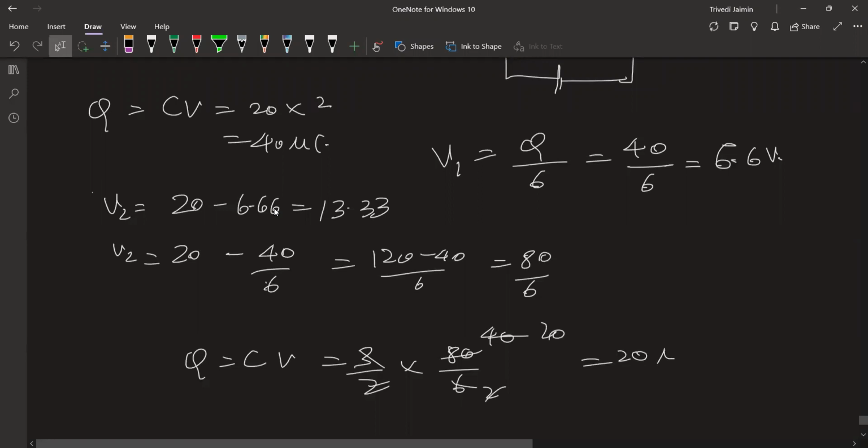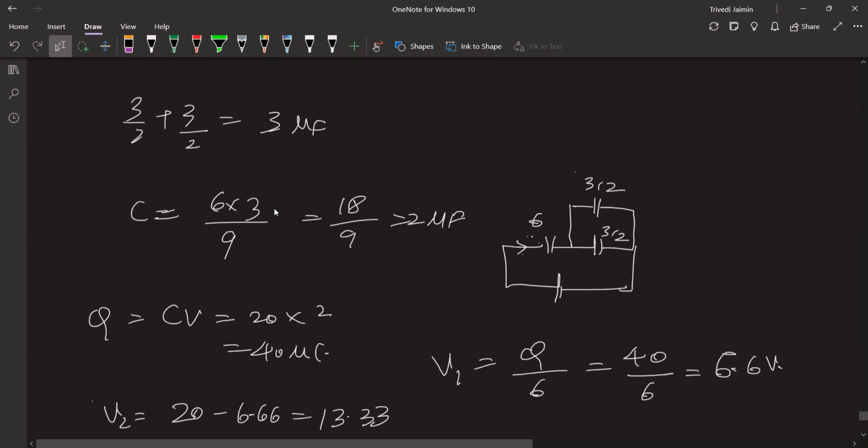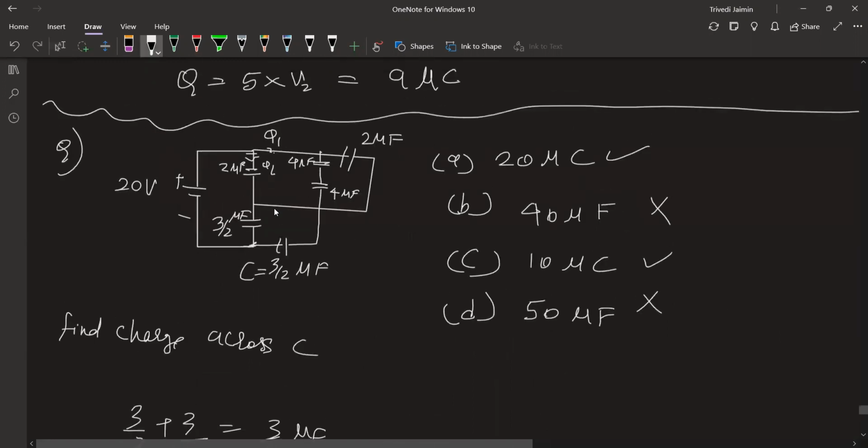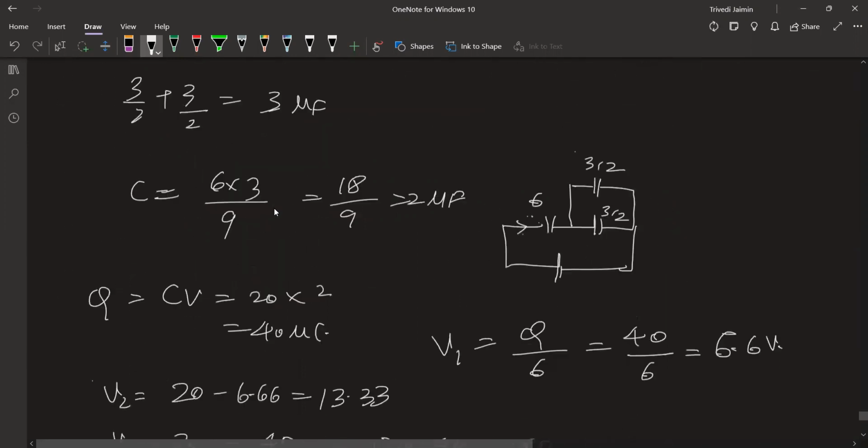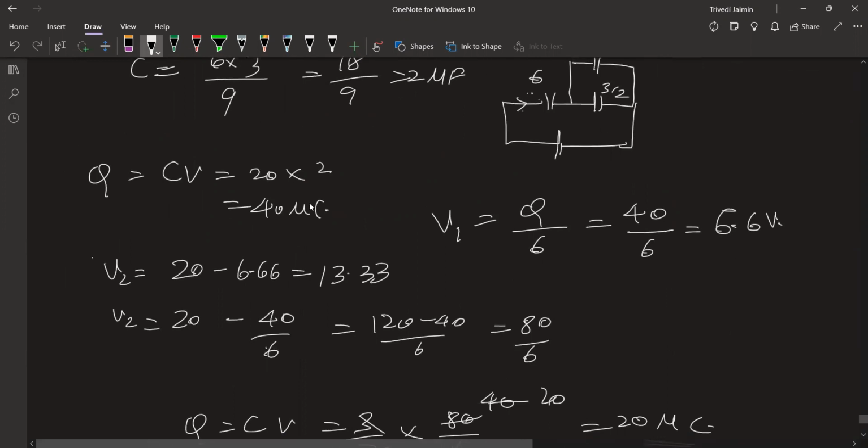Yes, 20 microcoulomb. So option A. What is option A? Yes, this is correct. This is not correct. Check it.